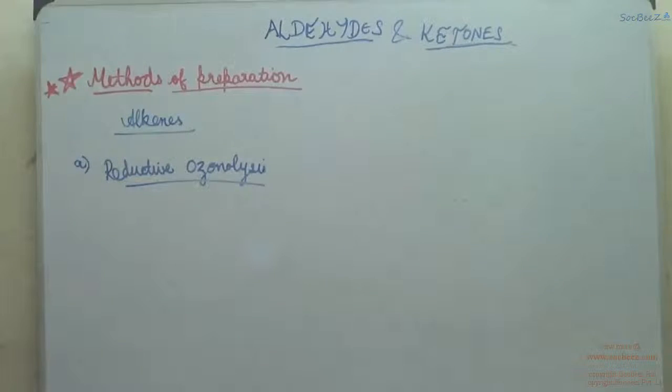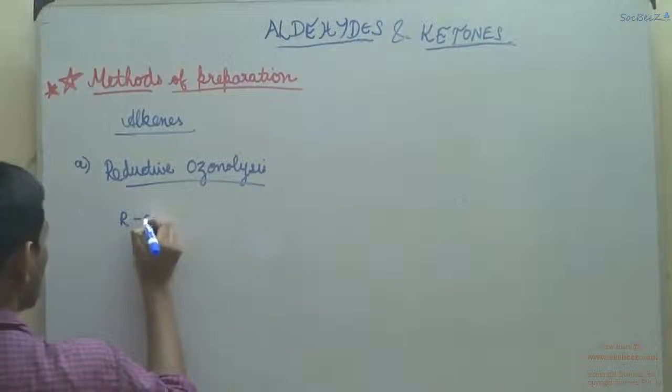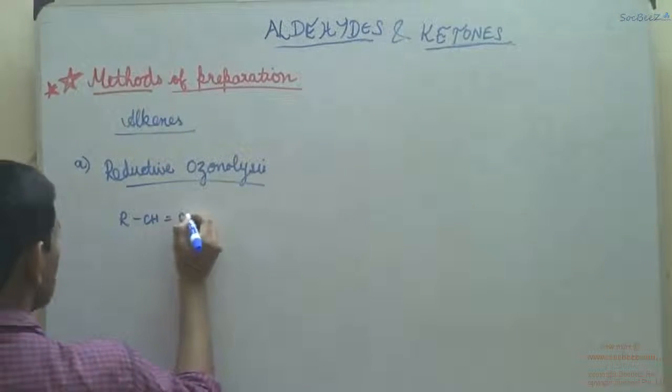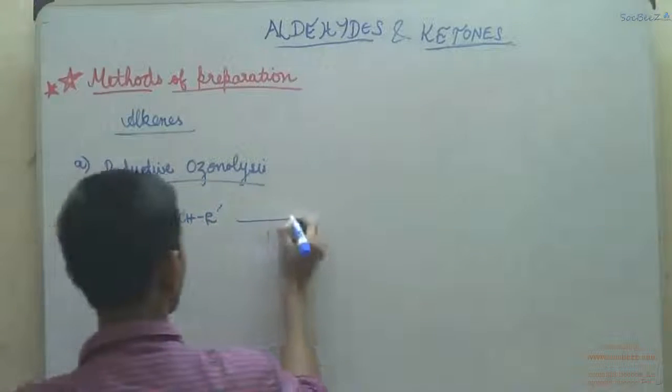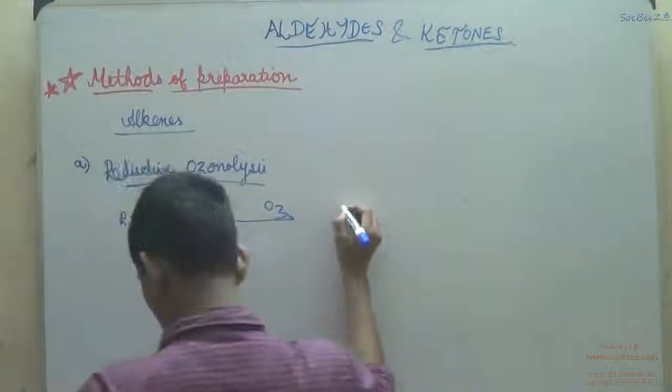Okay, reductive ozonolysis. So you have an alkene, R-CH=CH-R, and you treat it with ozone, you'll get this ozonide.